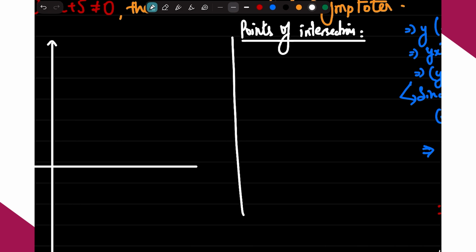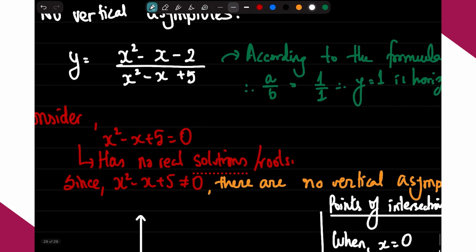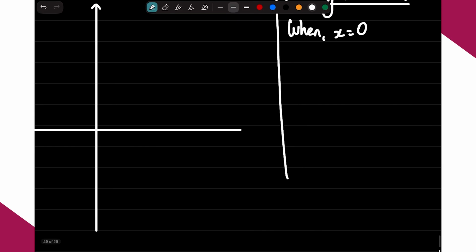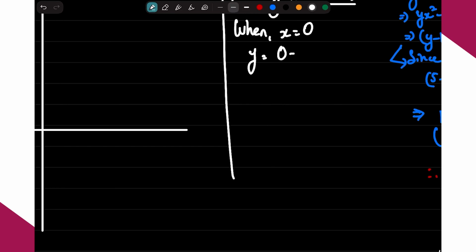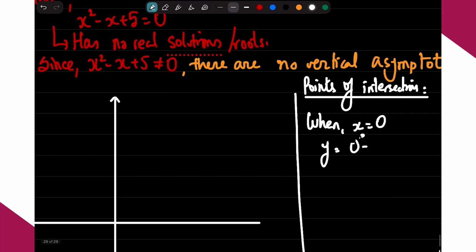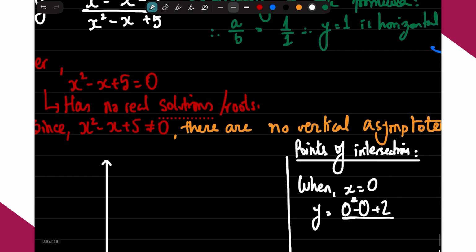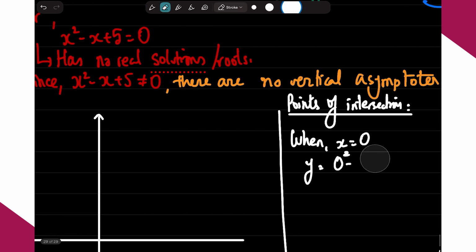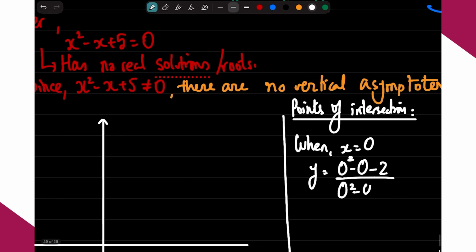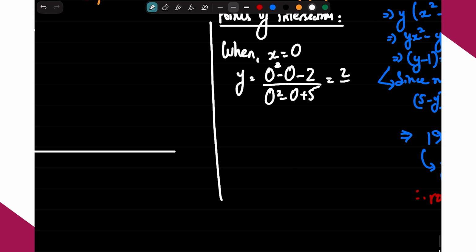So we're just going to be taking the points of intersection, and from here what we want to do is find out that when x equals 0, y equals 0 squared minus 0 minus 2, over 0 squared minus 0 plus 5. So basically y is minus 2 over 5.